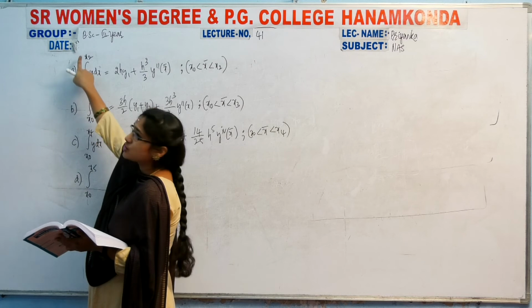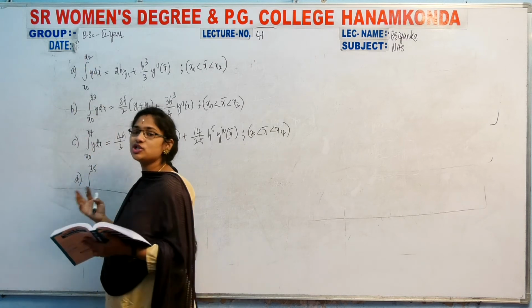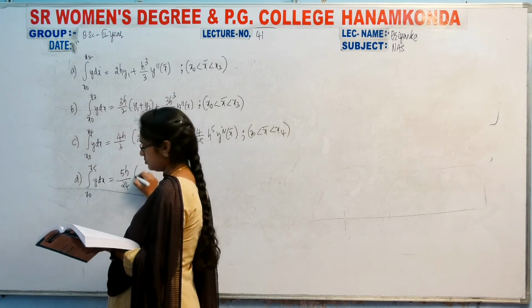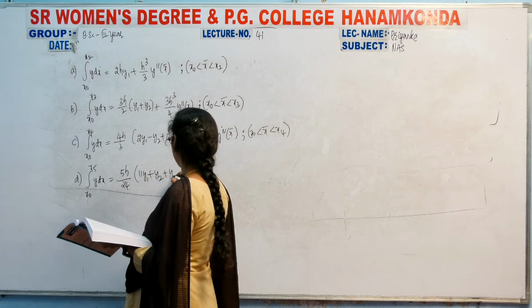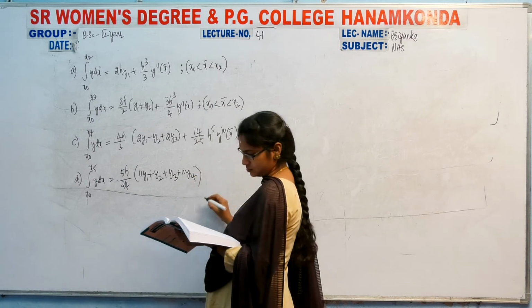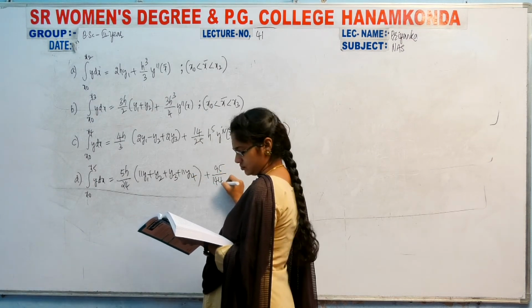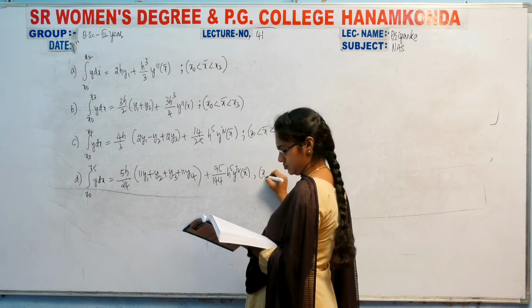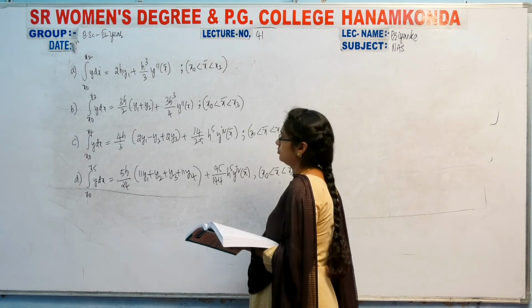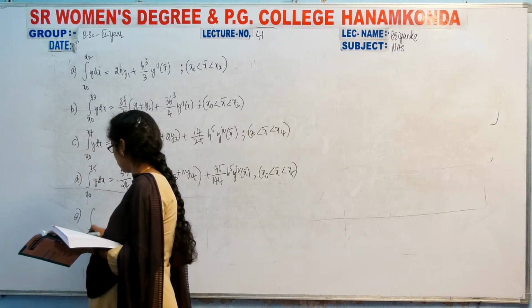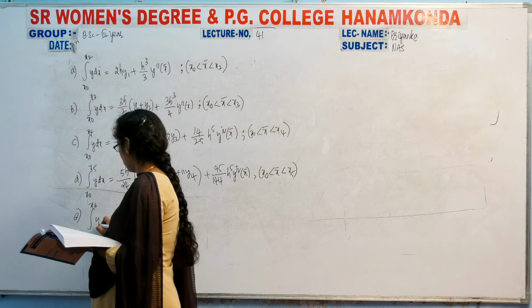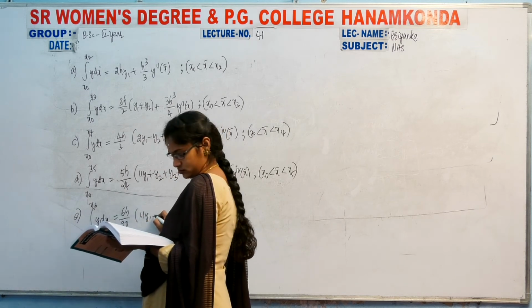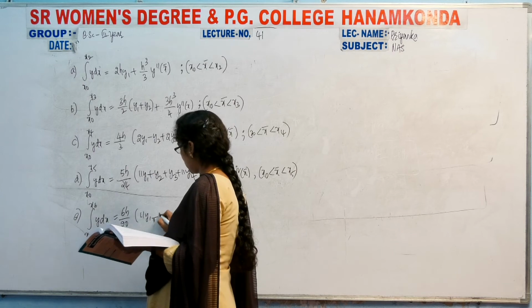If you observe clearly, x0 to x2, x0 to x3, so they are changing the value of n here. y1 minus 14y2.